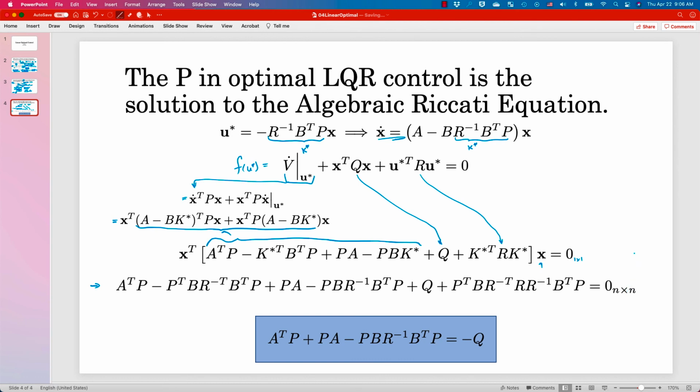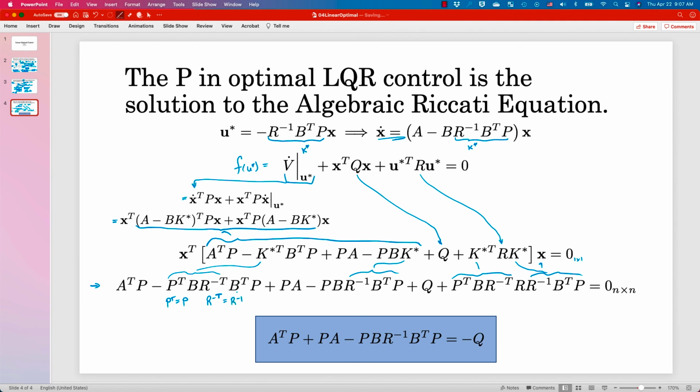And the reason this line got so complicated is because I then expanded the K stars. So this K star transpose gives me this, and this K star gives us this, and again this K star produces this, and this K star produces this. Now, let's remind ourselves that P is symmetric, so P transpose is equal to P. R is symmetric, so R inverse transpose is equal to R inverse.